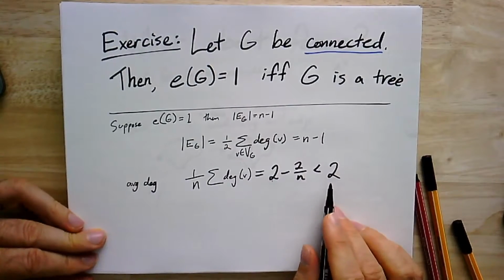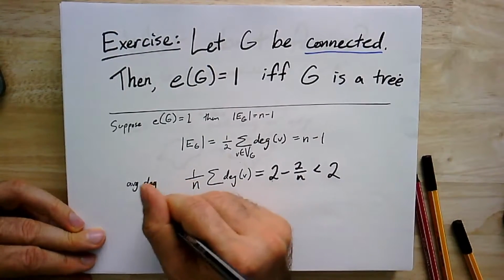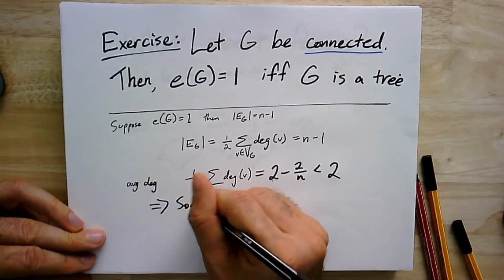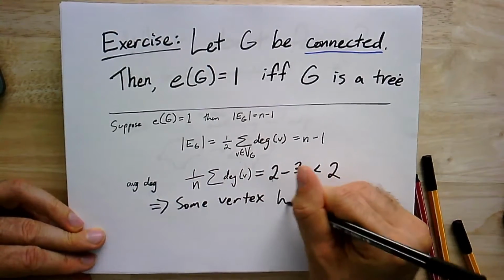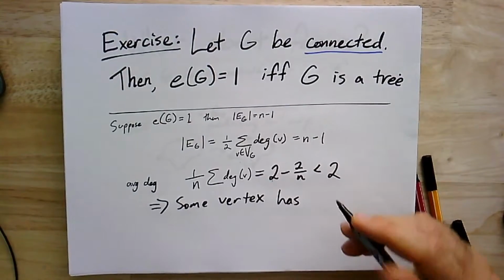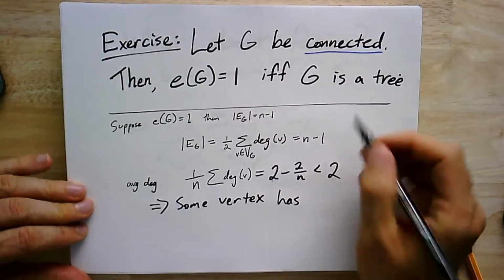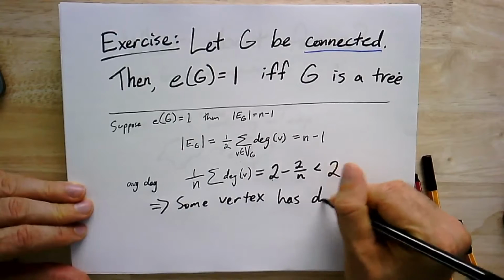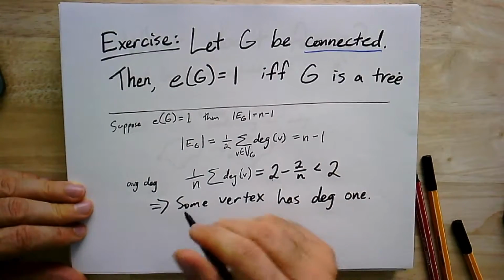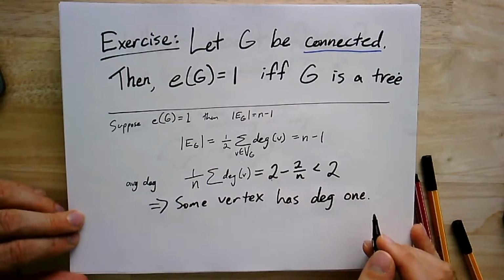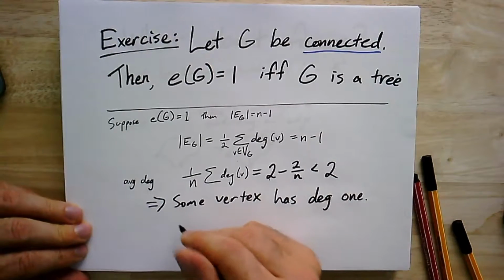Okay, so if the average is less than 2, then some vertex has degree 1. Now, it couldn't have degree 0, because if you have some degree 0 vertices, then the graph is not connected. Okay, so a degree 1 vertex, that's a leaf. And so now you can finish this proof on your own because you know everything you need to know.